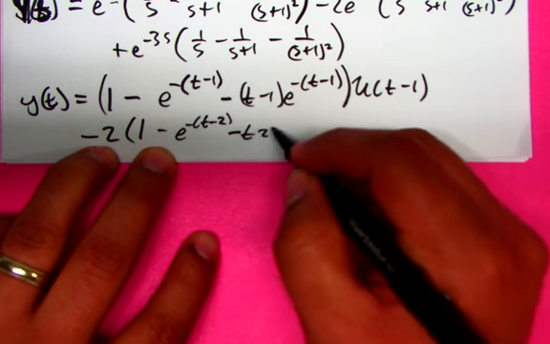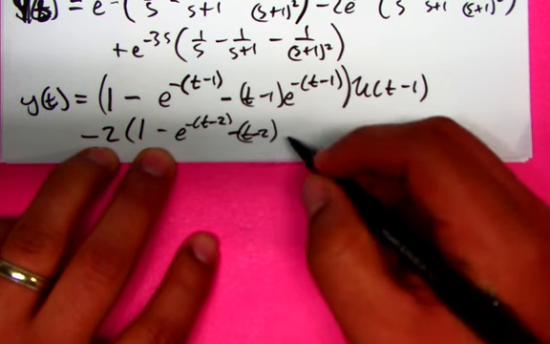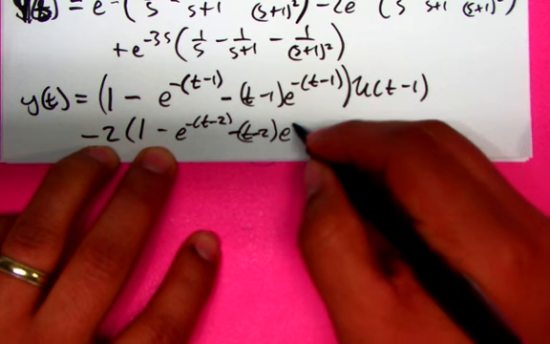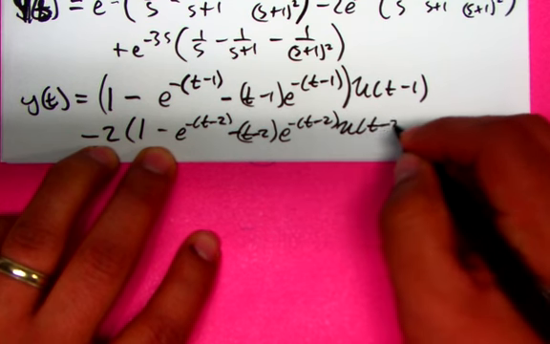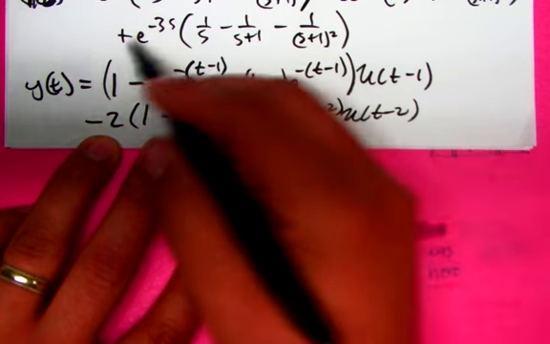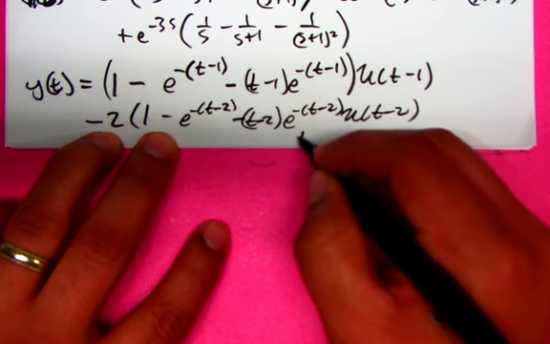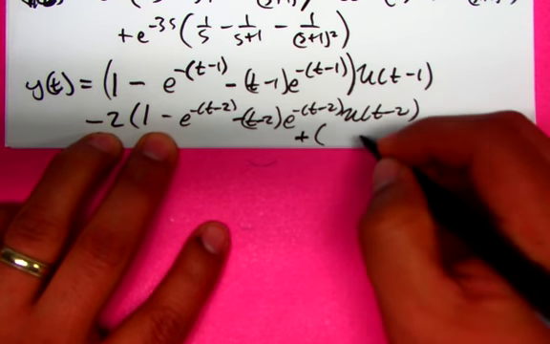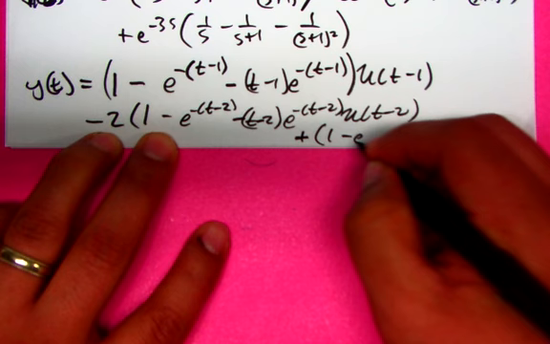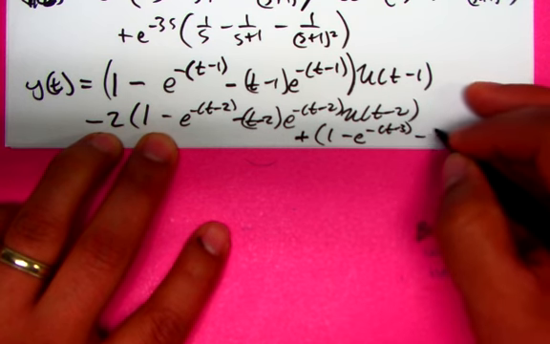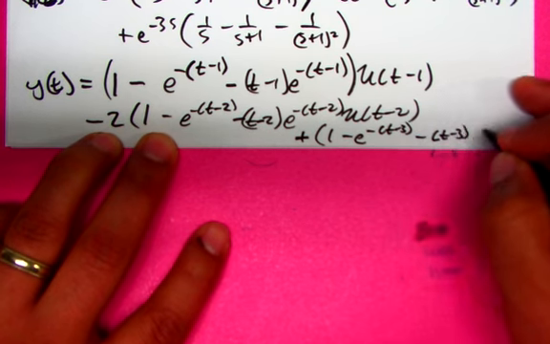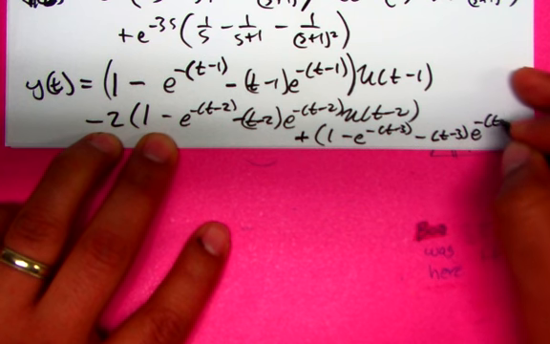So do you guys see what's going to happen here? All your inputs get replaced with t minus 2 for the second part, and then the last part will be just plus 1, and then 1 minus e to the negative t minus 3 minus the quantity t minus 3 e to the negative t minus 3.